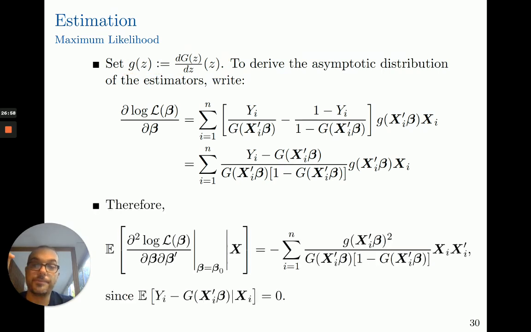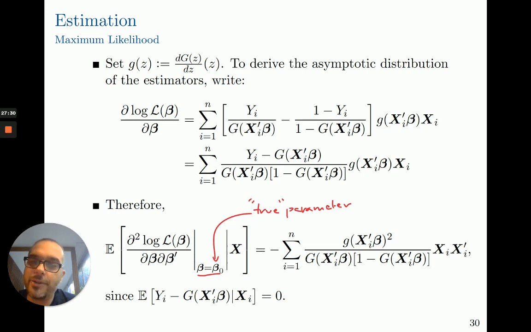Therefore we can also compute the second derivative. We take the derivative of the derivative, take the expected value, and evaluate at beta equals beta naught, which is the true parameter, between double quotes. Why are we doing that?